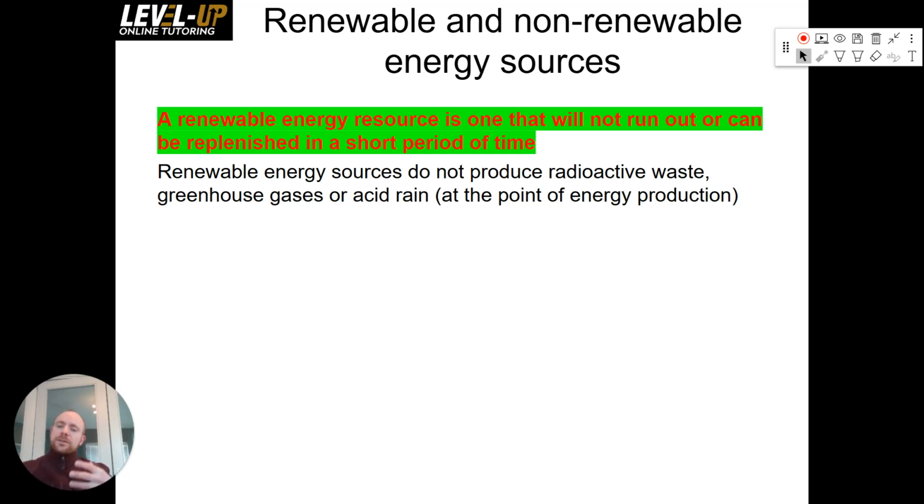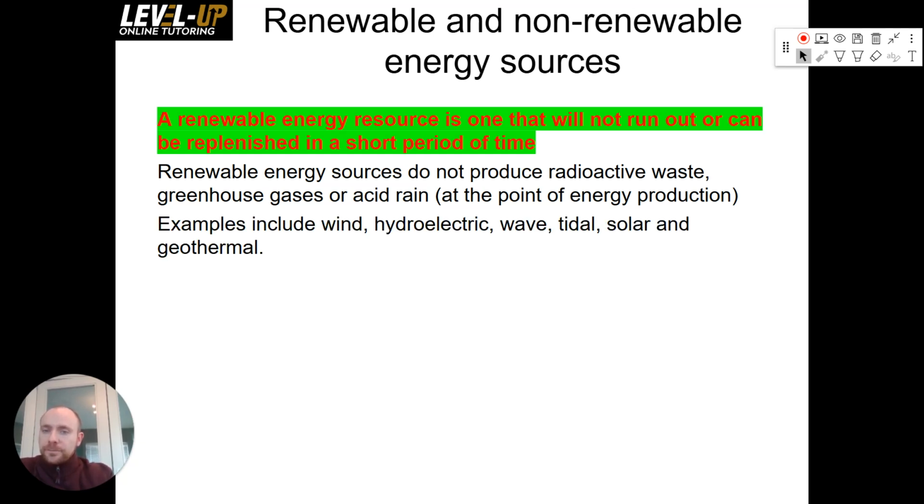Of course, all these things require transportation. When you're getting the fuels there, when you're moving back and forth, those cars or those lorries or those aeroplanes carrying what's required will probably produce greenhouse gases and acid rain. But at the energy production themselves, in the power stations, if you're using renewable sources, they generally do not produce those gases.